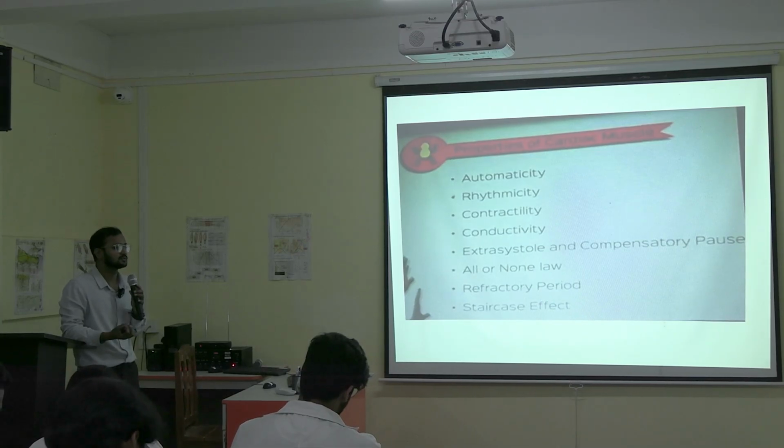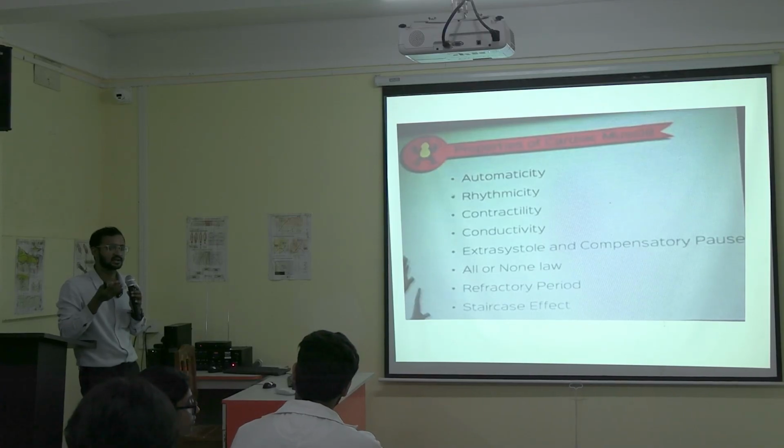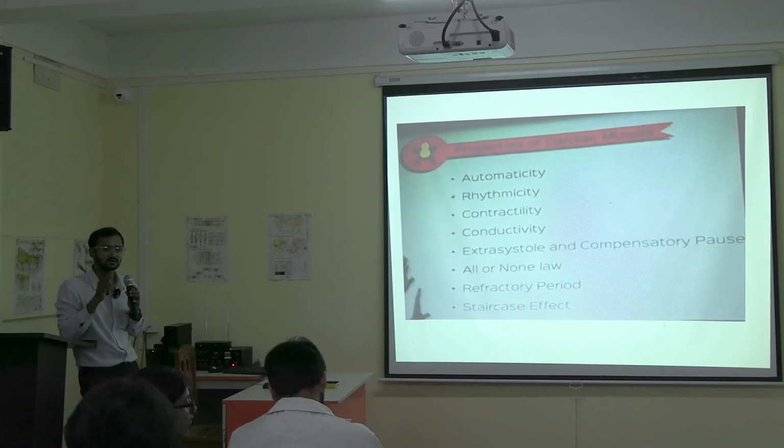When the SA node will be producing the impulse, if the sympathetic stimulation is more, then the sympathetic is what? What does sympathetic activity do? What do you mean by sympathetic activity? Yes. So in sympathetic activity, there is stress or fight. Or in parasympathetic, it is normally at rest.